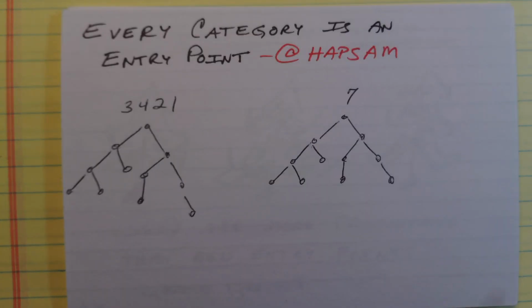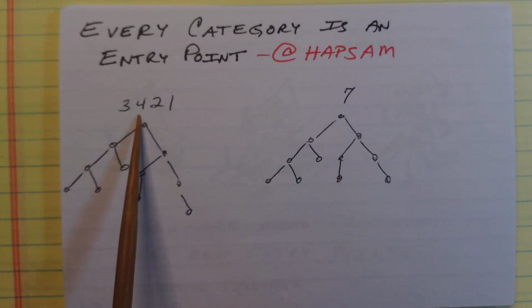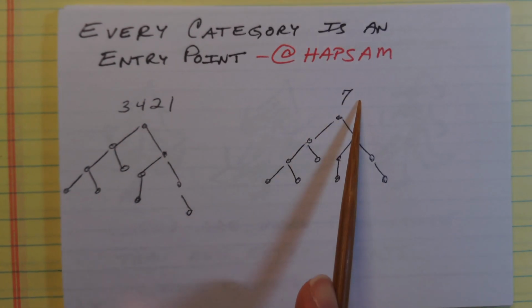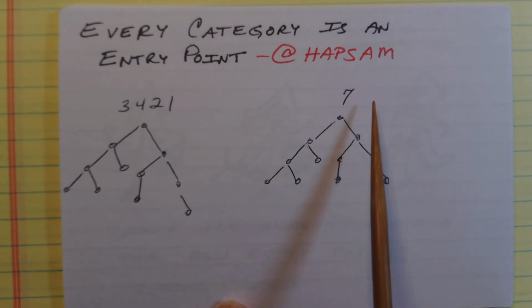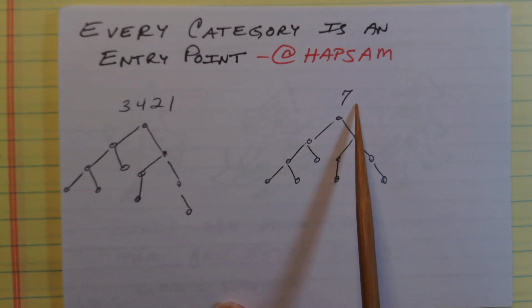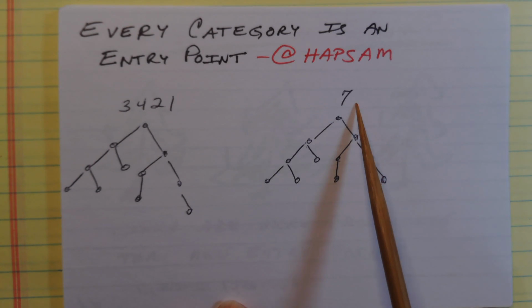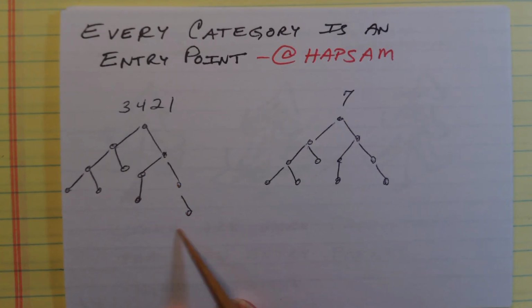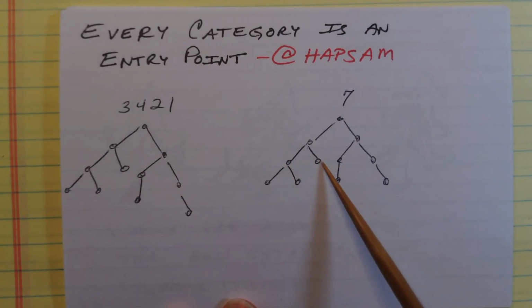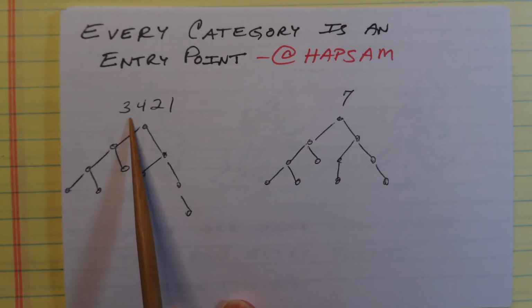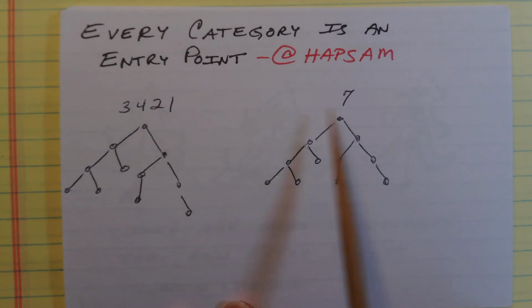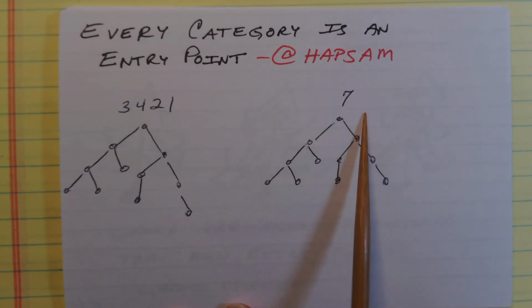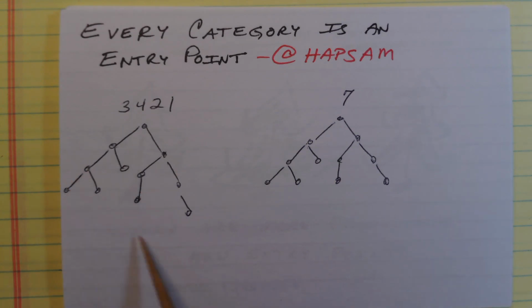The first thing I'd like to point out is that every entry point into your Zettelkasten, whether it be from a category or from dynamically generated categories without any predefined categories, each entry point is the head of a small tree, and they're independent of one another. In other words, every category and every dynamically discovered category is like a completely separate tree. If they weren't indexed, they'd never find each other.